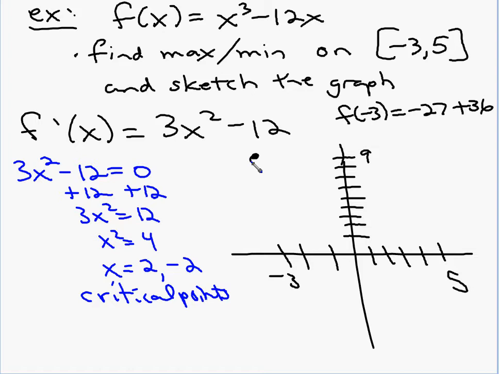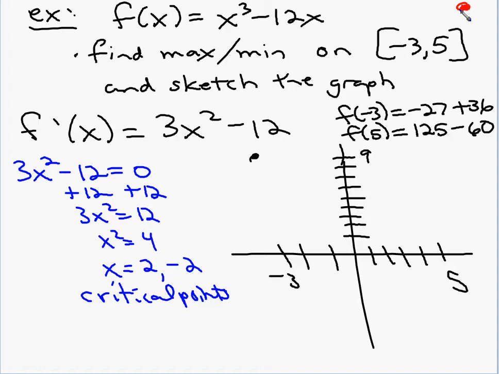And I could also find the other endpoint, f of 5. F of 5, that's going to be 125 minus 60. Yikes, that's way up there. That's going to be 65. I don't even have room for that on my graph. It's way up here. I'll just put a red dot. It's way up here someplace. Okay, it's way up at 65.